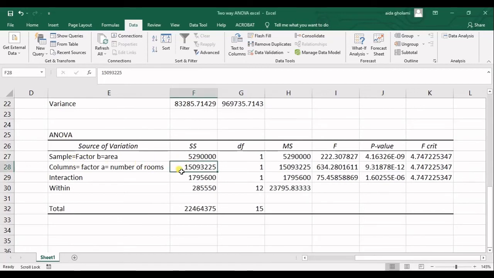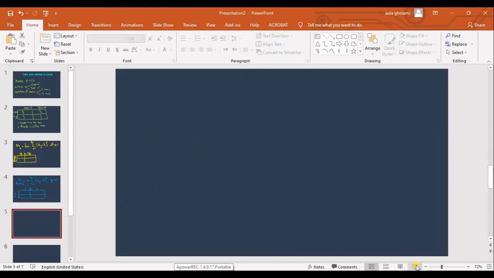So we just reviewed the formulas for all these, and then we have the interaction and within. So sum of squares for the interaction has the formula like this.